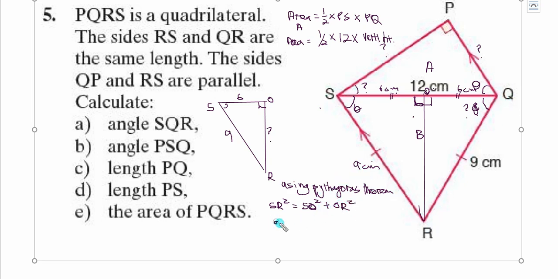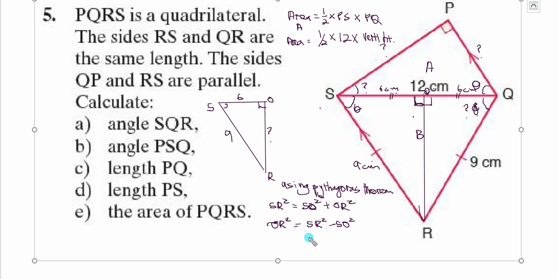Let's make this unknown the subject. OR square is actually SR square, this brought over, so it's SR square minus SO square.